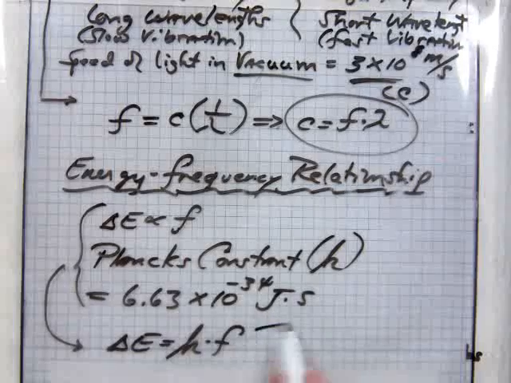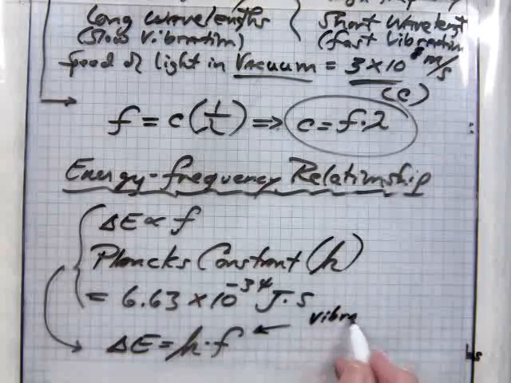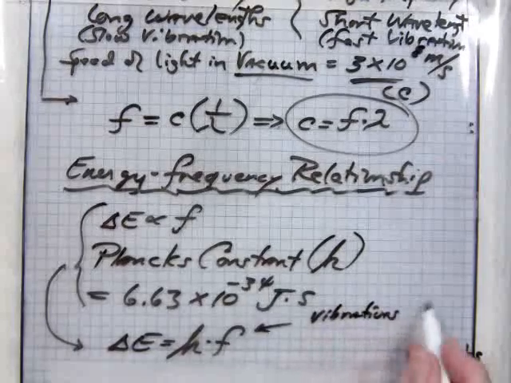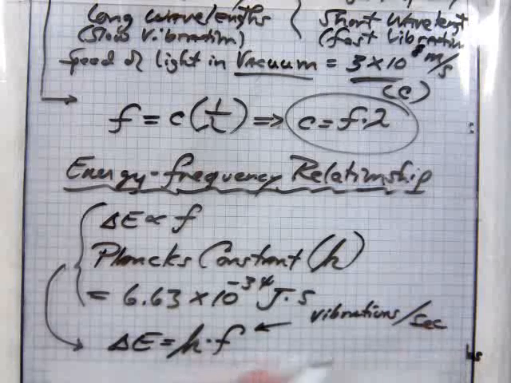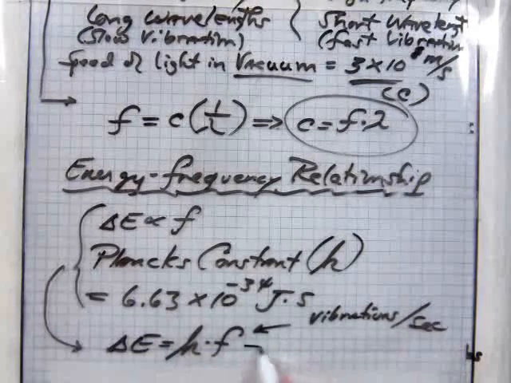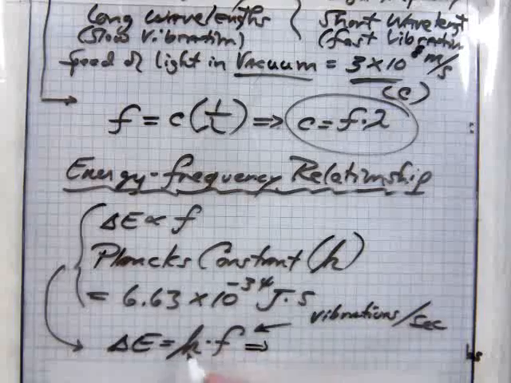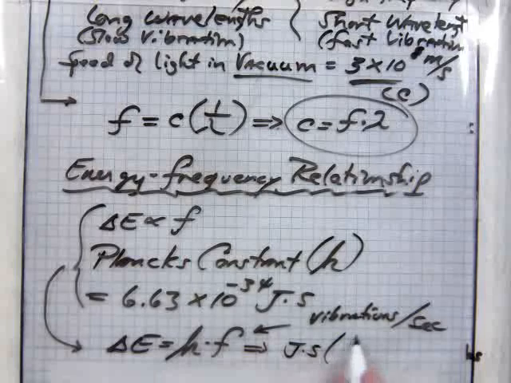Now frequency units are vibrations per second. But when you put this into a calculation, h is in joule seconds, but that frequency will be 1 over seconds.